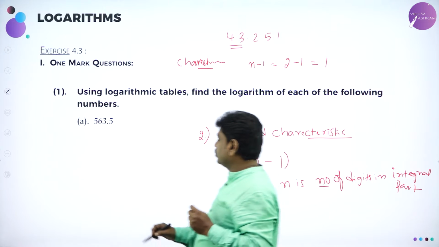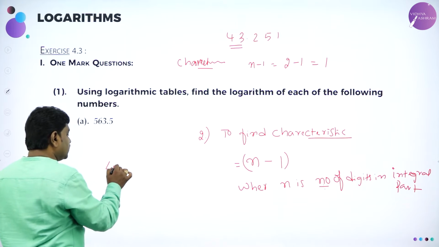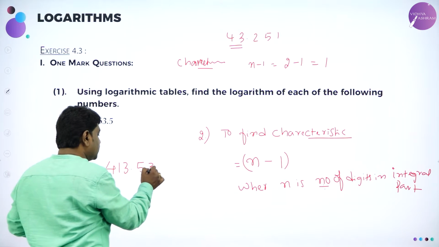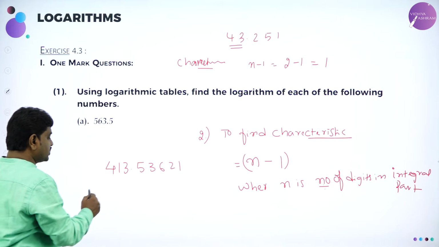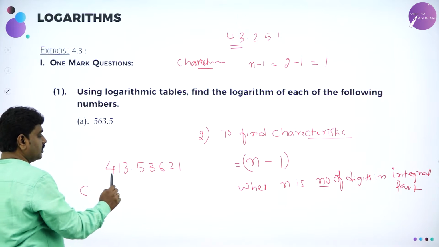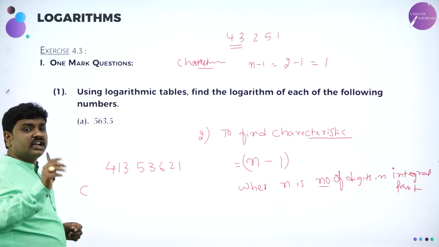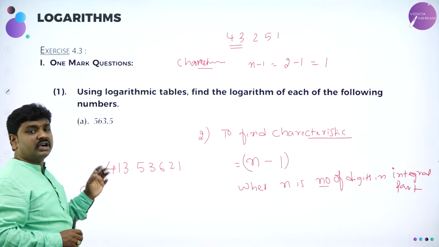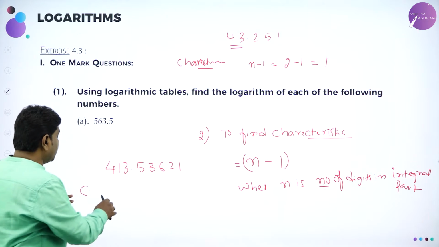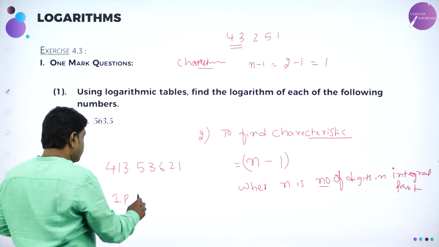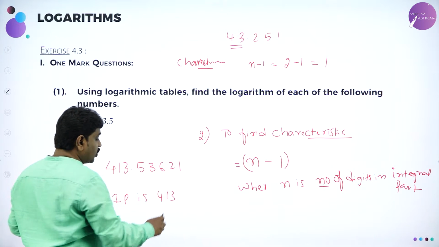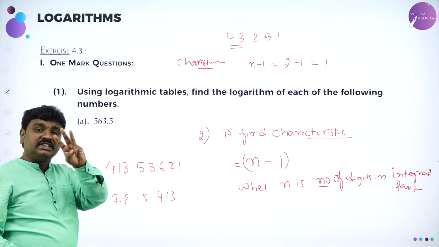Now my question to you. 413.53621. What is the characteristic for this? Integral part is before decimal, 413. In this, how many digits are there? We have 3 digits.